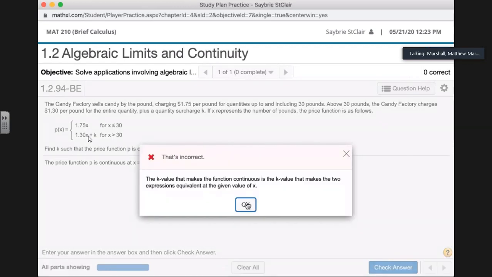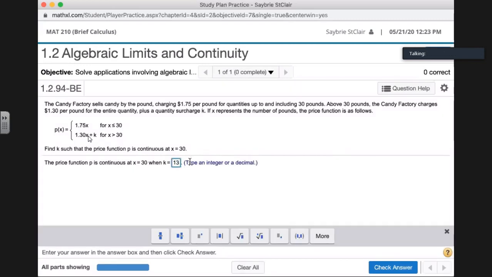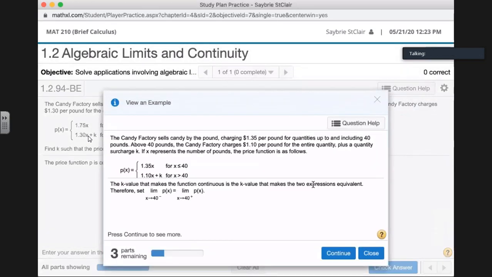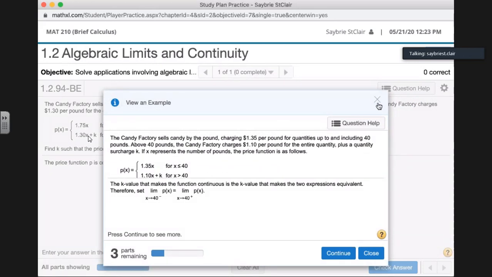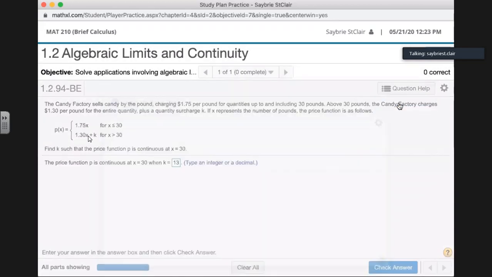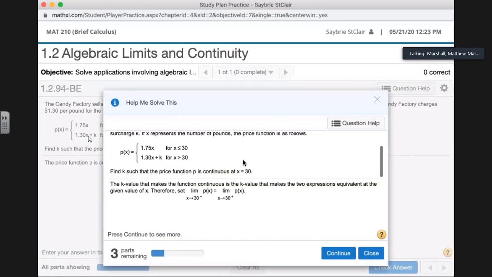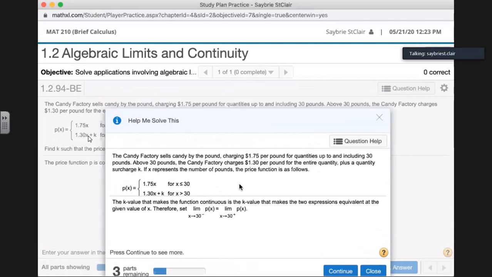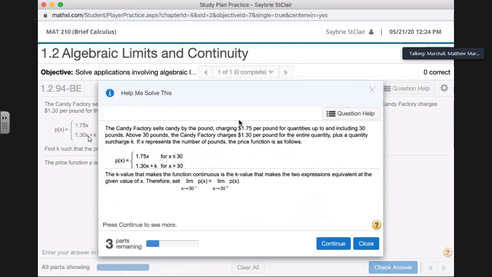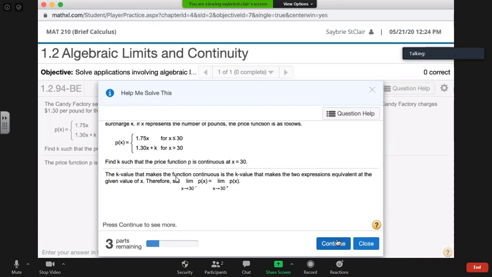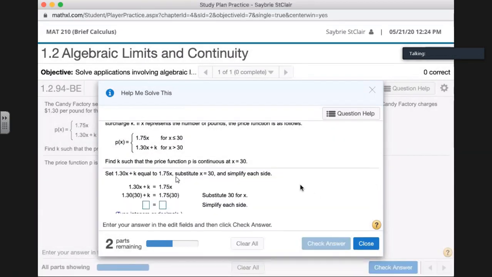Let's see, does it have an explanation? Yeah, check the help. Oh, there it is. That's the one. Okay, there we go. So that's what we did.